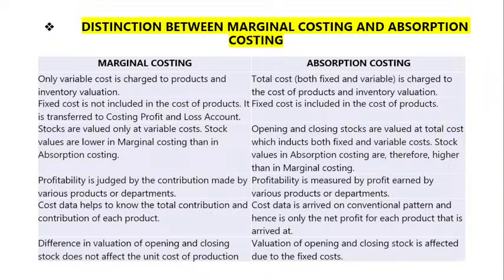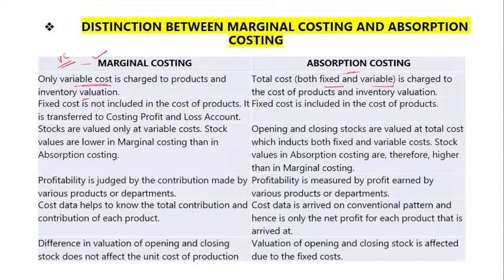What is the difference between them? In marginal costing, only variable cost is charged to product and inventory valuation. I have already told you that marginal costing emphasizes the variable cost only, and in absorption costing the total cost, that means both fixed cost and variable cost, is charged to the cost of production and inventory valuation.